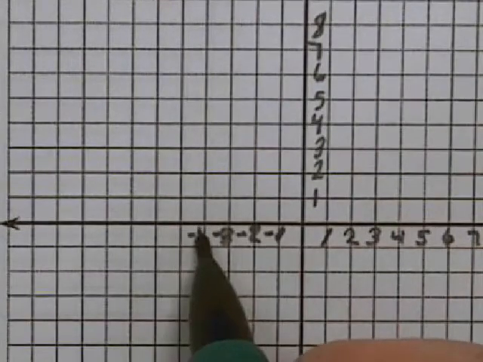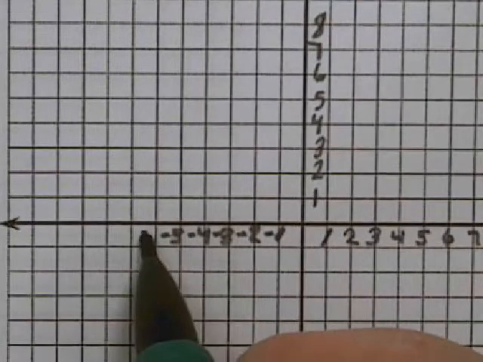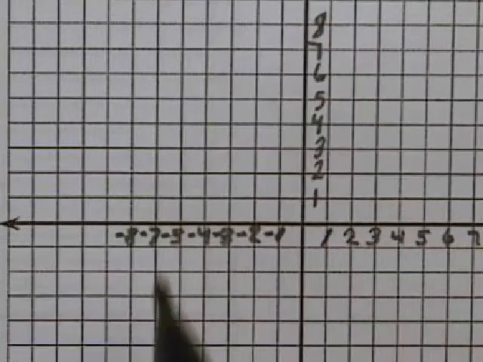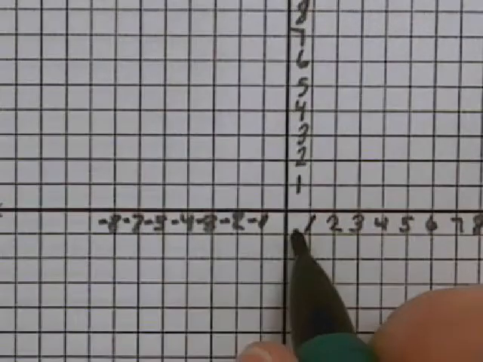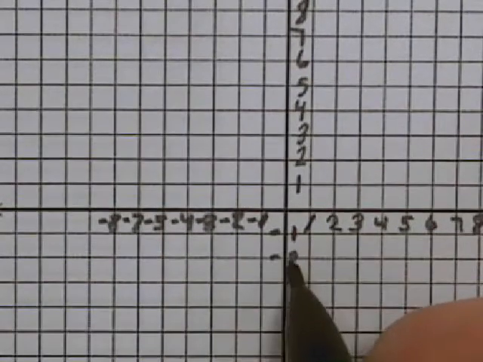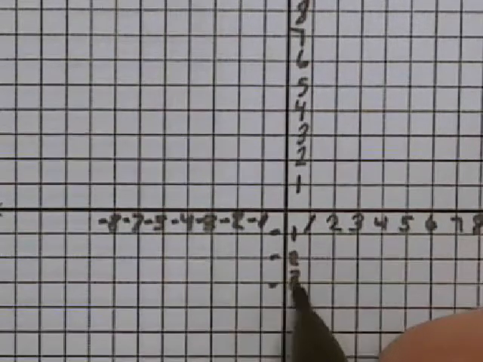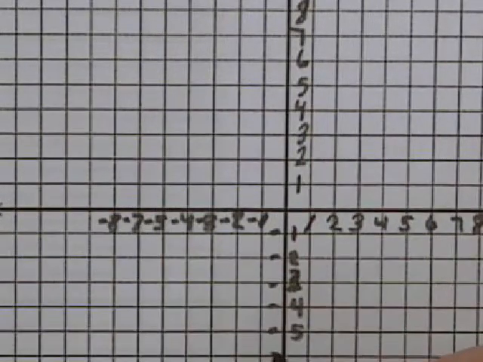The negative numbers seem to be the hardest to label because you have to put in that negative symbol, so it takes up so much space. And then going down, I usually put my negative sign on the opposite side of that line so that I have enough room.